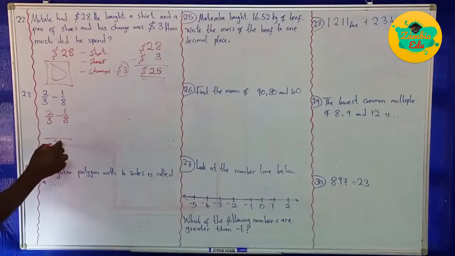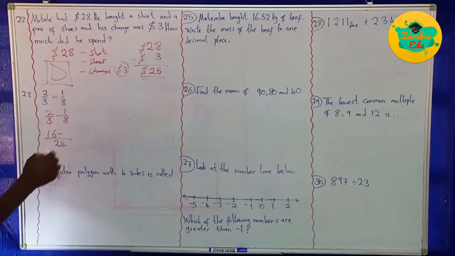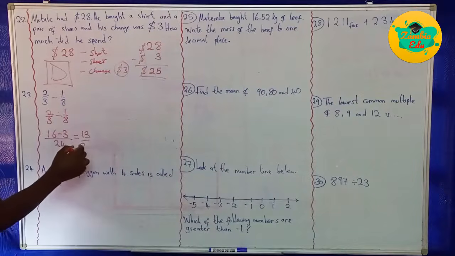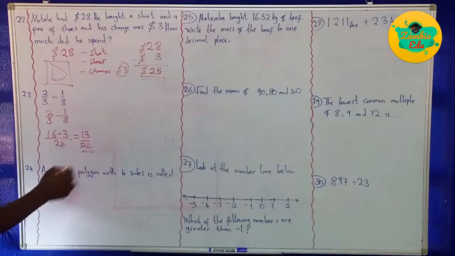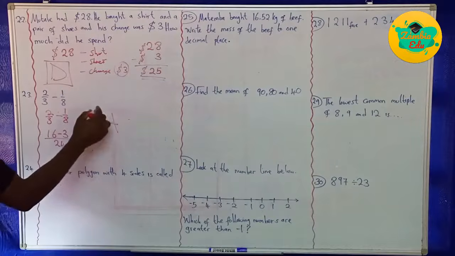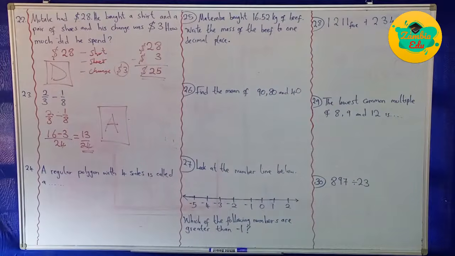That should be 24. 3 into 24 goes there 8 times. 8 times 2, 16, minus 8 into 24, it goes there 3 times. 3 times 1 is still 3, which will give us 13/24 as our answer. And when we look at our multiple choice here, we see 13/24 as option A. And therefore, we conclude our answer for question 23 was A.